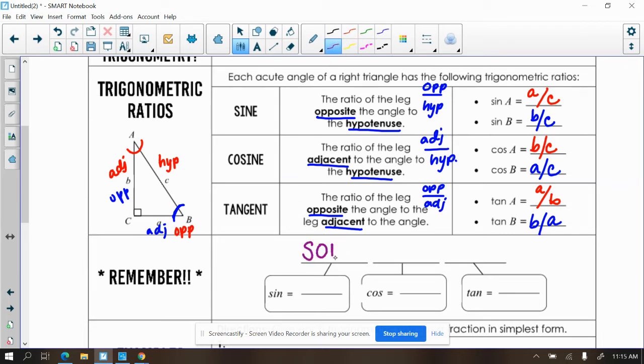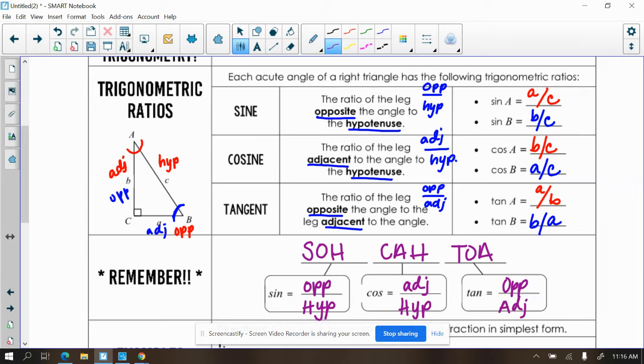So, sine is opposite over hypotenuse, O over H. Cosine is adjacent over hypotenuse. And tangent is opposite over adjacent. So that's the way we remember how to set these up.